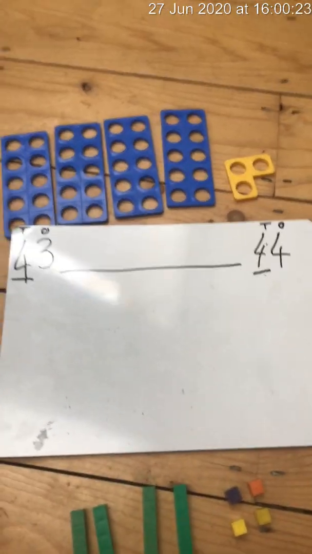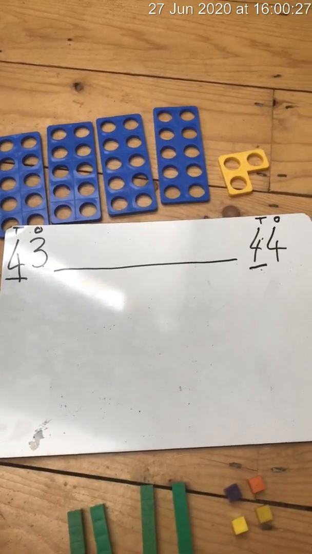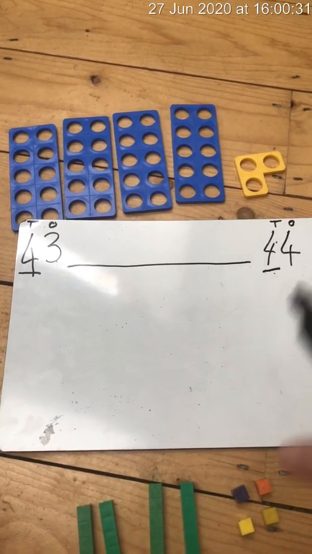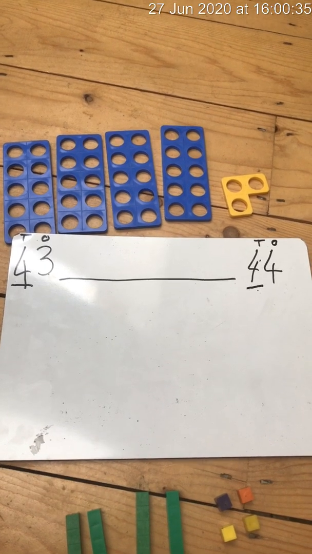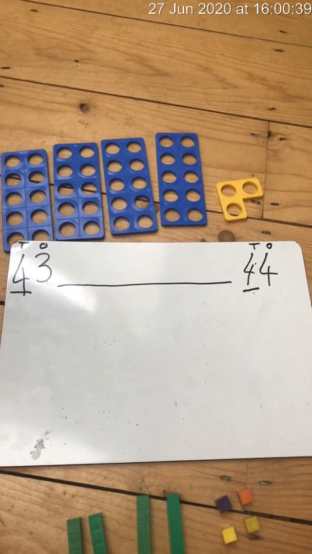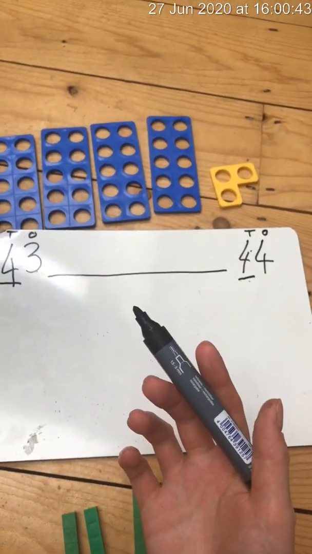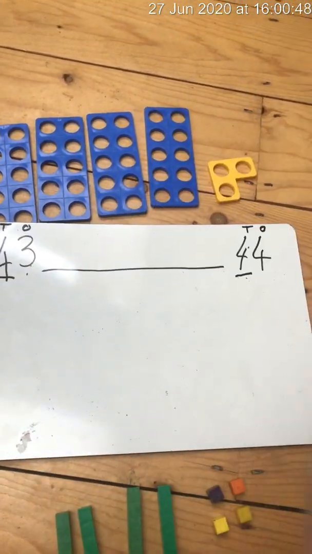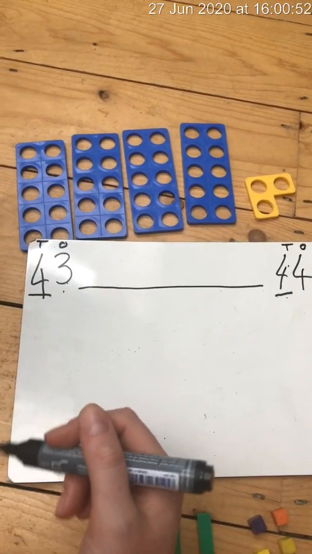Ooh, okay. So what have we discovered here? We've discovered that both of our numbers have the same amount of tens, haven't we? They've got an equal amount of tens, 43 and 44. So if we have the same number of tens, then we have to have a look at our ones to work out which number is greater or smaller.